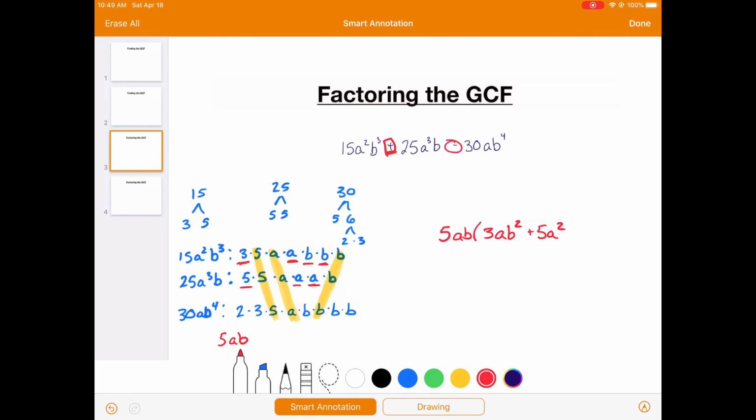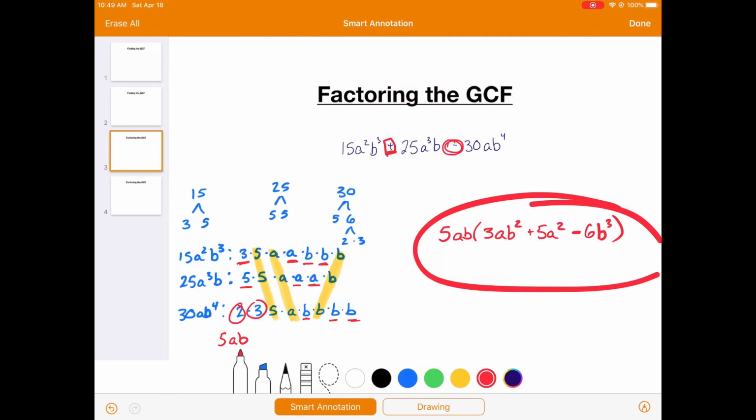And then we're going to put a minus sign because we didn't factor that out. That's still left over. And then we have 2 times 3 times b times b times b. Now 2 times 3 is 6. And then b times b times b is b cubed.